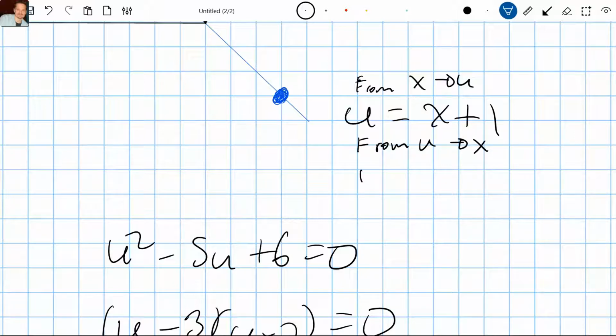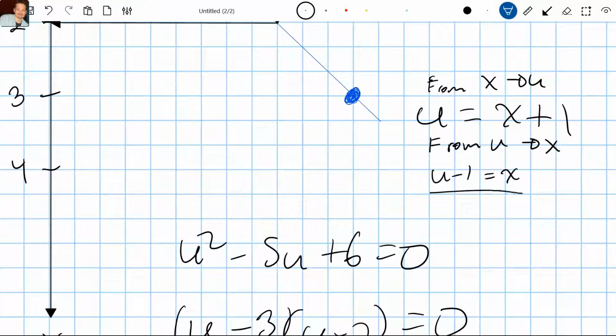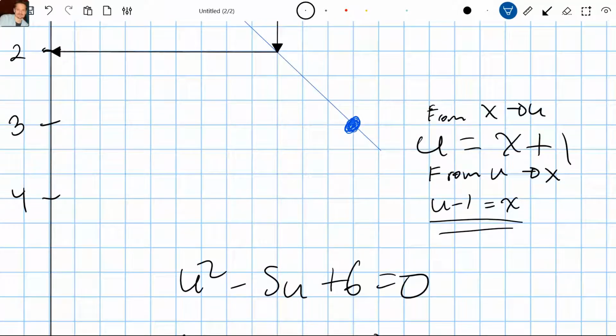In other words, you have to write u minus 1 equals x. That is what maps us back from u space to x space. Because now this part says begin back on the u-axis, where you solved u squared minus 5u plus 6, stick in the solution into u and get the corresponding x out. Get the next solution to this equation in u space, stick it in here, and get the corresponding x out.